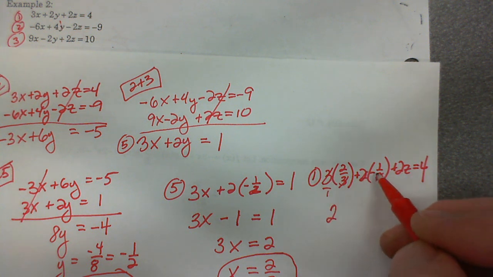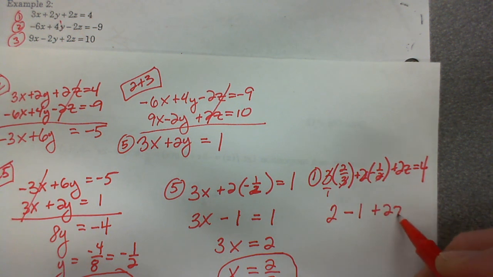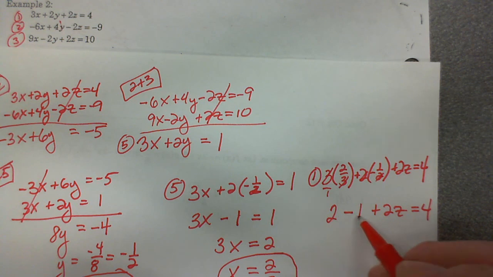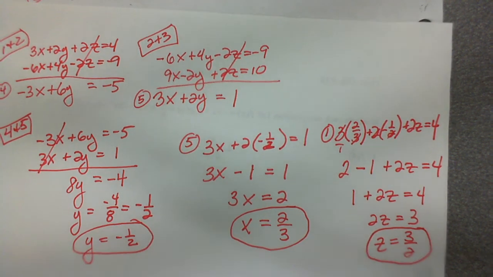Here the 2's cancel, and that leaves you with minus 1, plus 2z equals 4. So this is 2 minus 1, which is 1, plus 2z equals 4. Subtract the 1, 2z equals 3, or z equals 3/2. So there's your value of z. z equals 3/2.